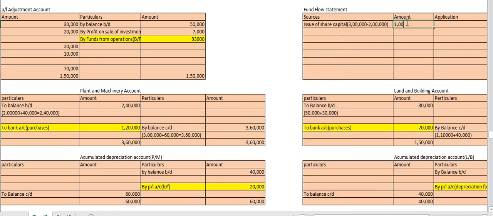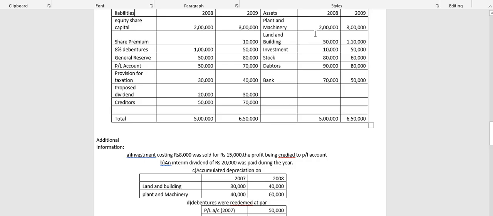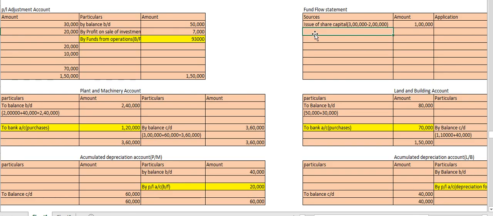So the amount is 1 lakh. Next, your share premium: last year it is nil, in the current year it is 10,000. So your share premium is also a source of raising funds. Share premium amount is 10,000.